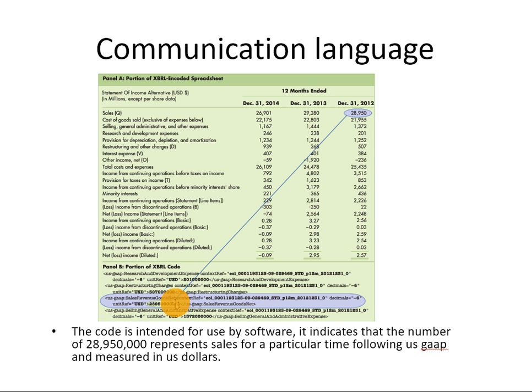So a lot of information is provided. Then when the information is read, the software will capture this information and present it to us. So this is what XBRL is about.